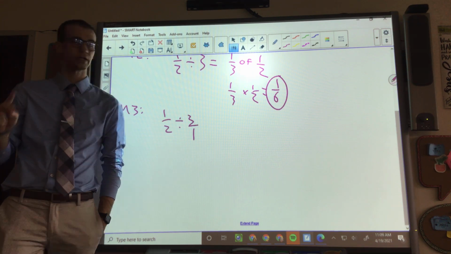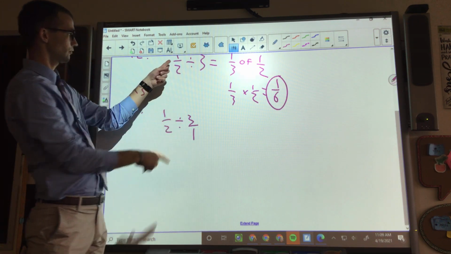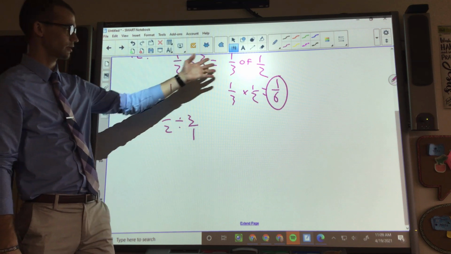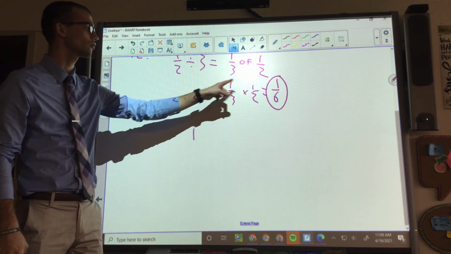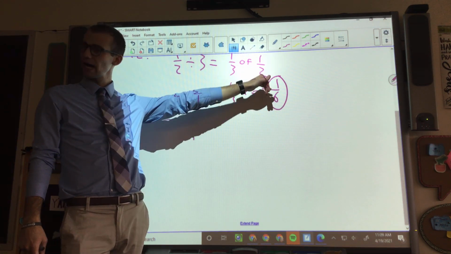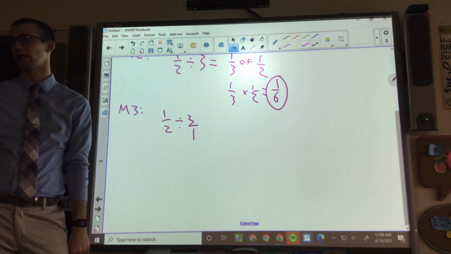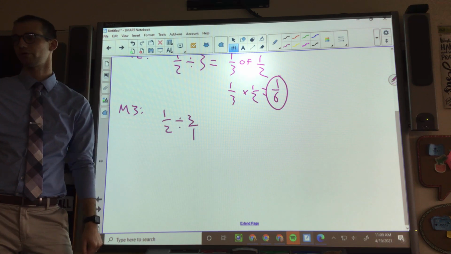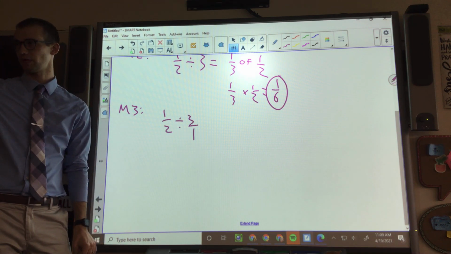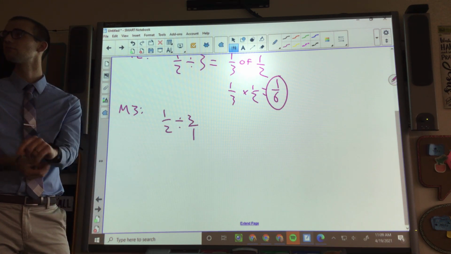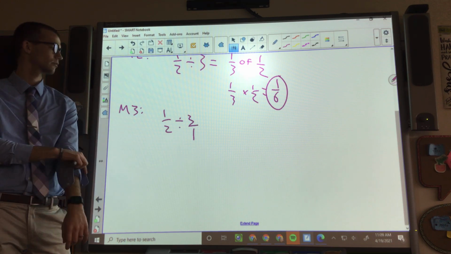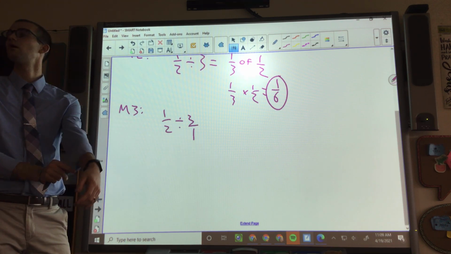Those are 2 very different things. This is 1/2. This is 1/2 divided by 3. We said it's 1/3 of, so it's multiplying 1/3 times 1/2. This is not 1/3 divided by 1/2, or 1/2 divided by 1/3. Yes. It's going to be 1/2 times 1 over 3.